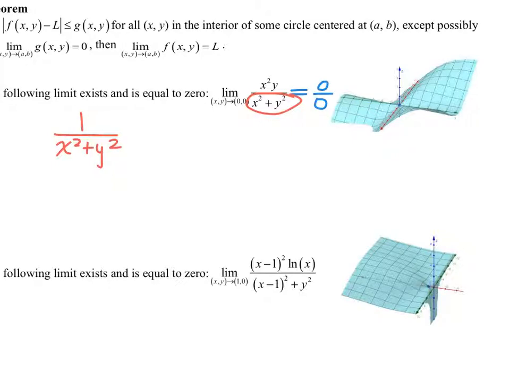Now if I increase the denominator of a fraction, what happens to the overall value of the fraction? Goes to 0. It'll go to 0 if I increase it without bounds, but generally it's going to be smaller, right? All right, the fraction would be smaller if I increase the denominator. So what I could say is that 1 over x squared plus y squared is going to be a smaller number than 1 over x squared.